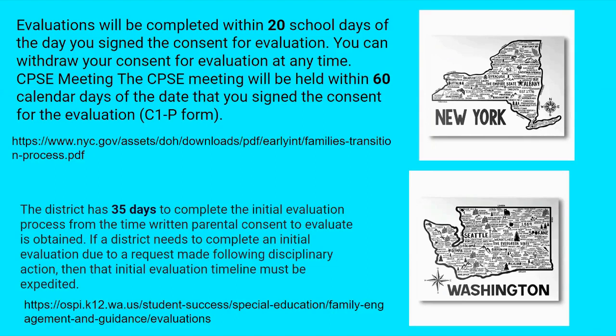If the district needs to complete an initial evaluation due to a request made following disciplinary action, then that initial evaluation timeline must be expedited. So as you can see, each state has special education timelines that are slightly different. However, there is one timeline that is universal.